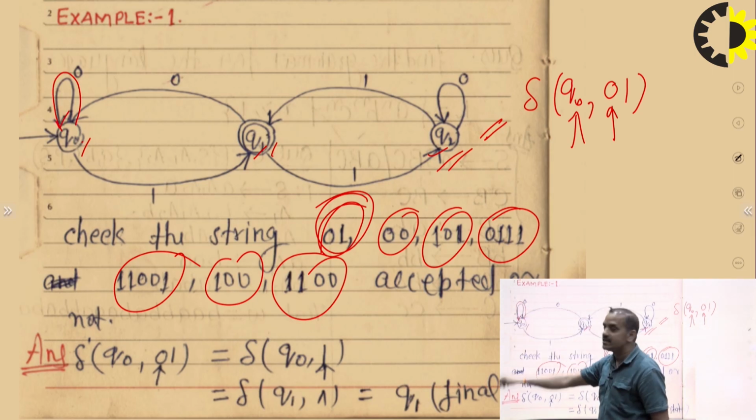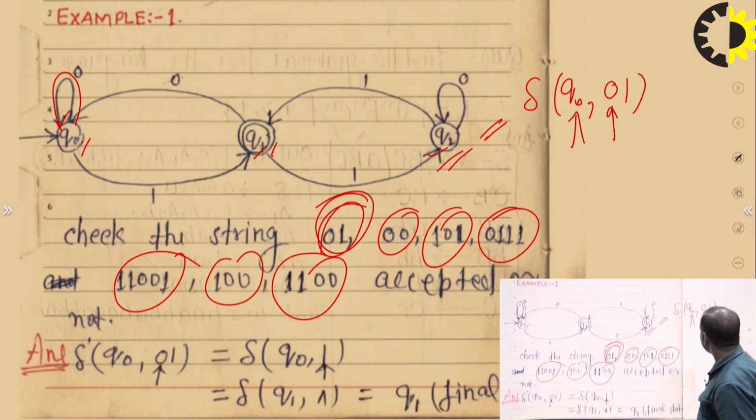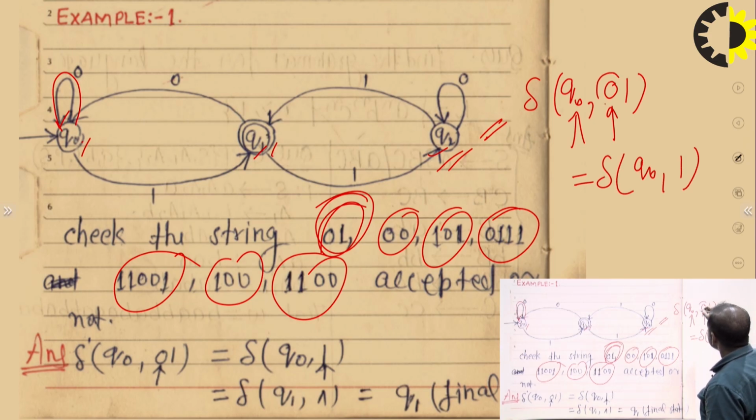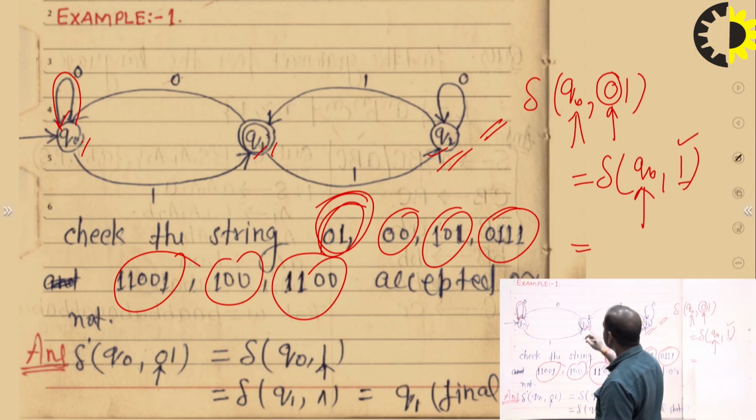The next state is Q0, so we write equals delta of Q0, comma 1. After taking input 0, we leave the 0 and write the rest of the string, which is only 1, so we write Q0, comma 1. Now, state Q0, input 1. The next state is Q1.